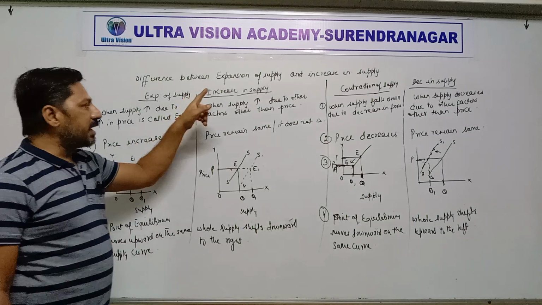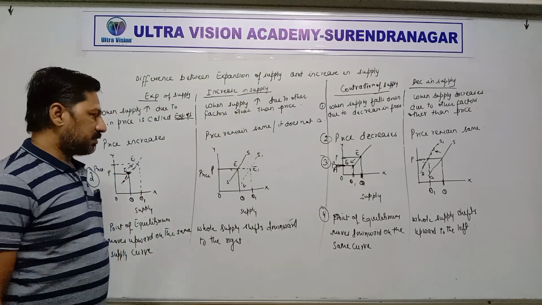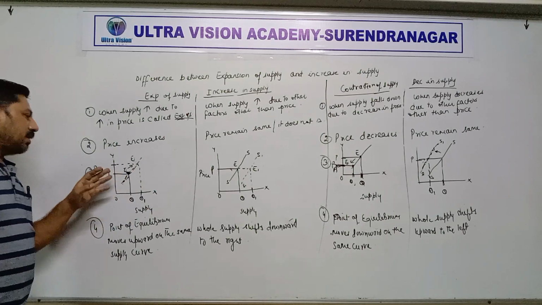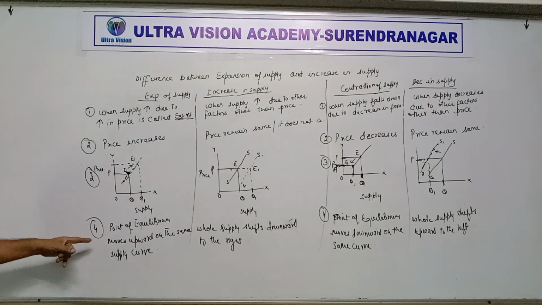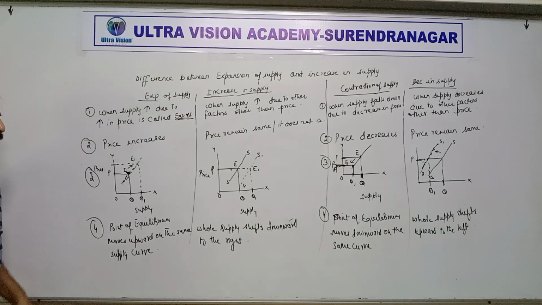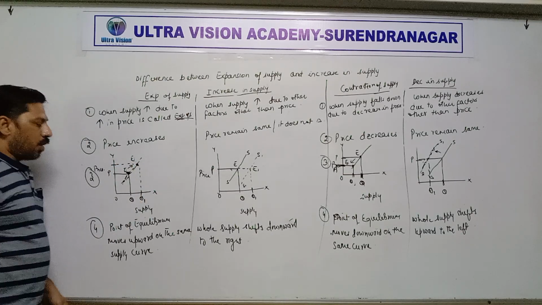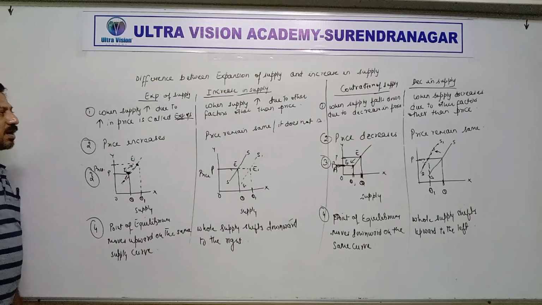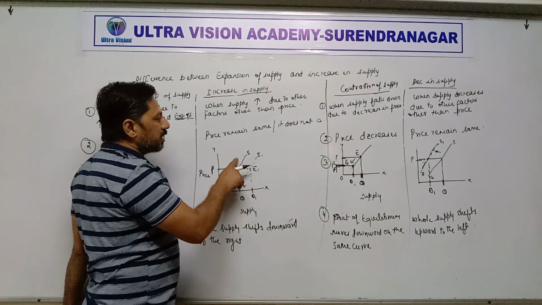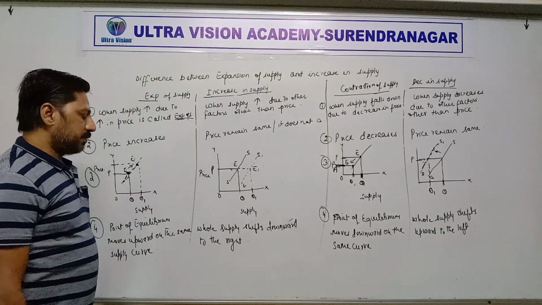But in case of increase in supply, price remains same, other factors change. Then on the basis of diagram, fourth difference: in case of expansion of supply, the point moves upward on the same supply curve. In case of increase in supply, the whole supply curve shifts downward to the right.